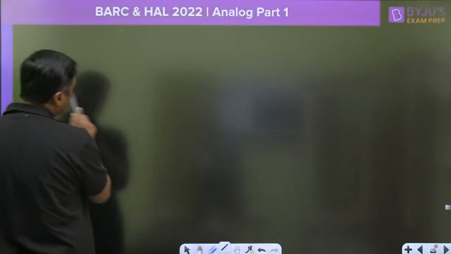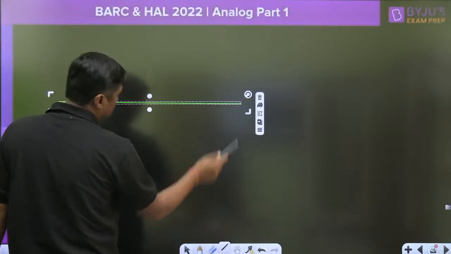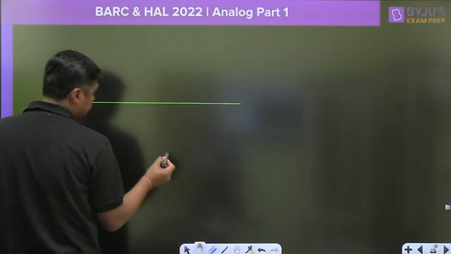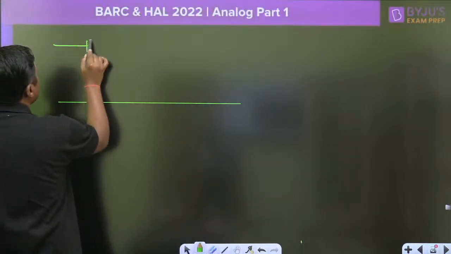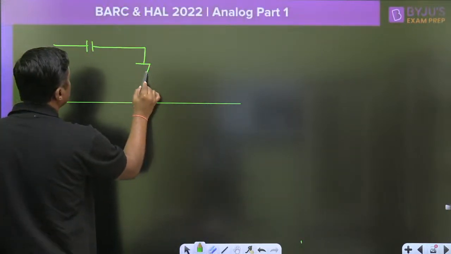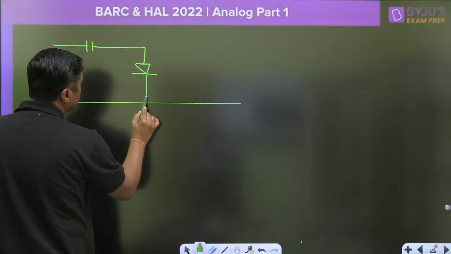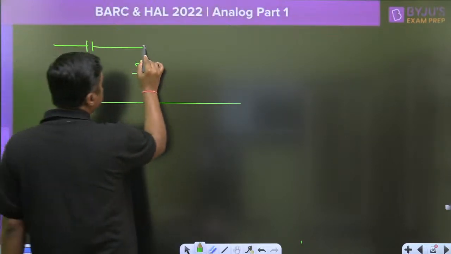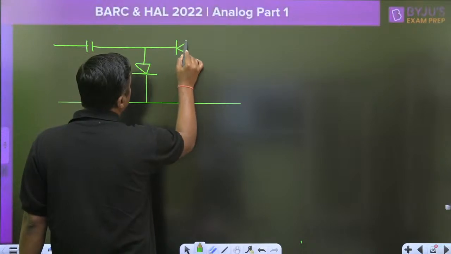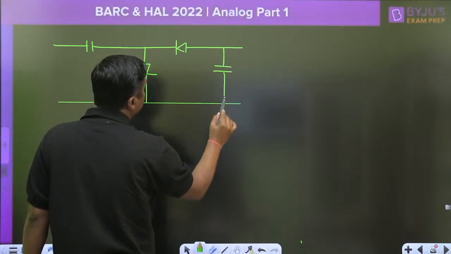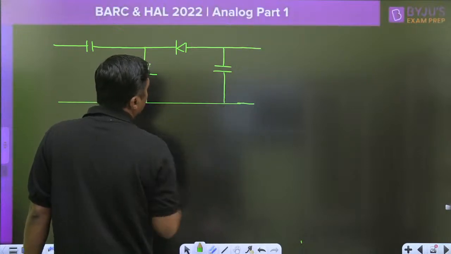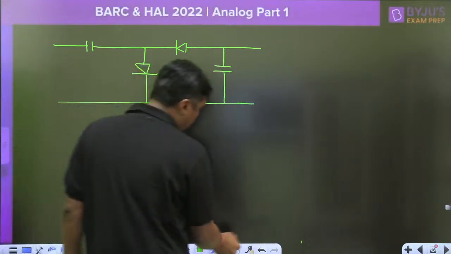Now what will be the output for this diagram? If I am giving the same question, just changing the position. That is the diode, right? What will be the output, everyone?